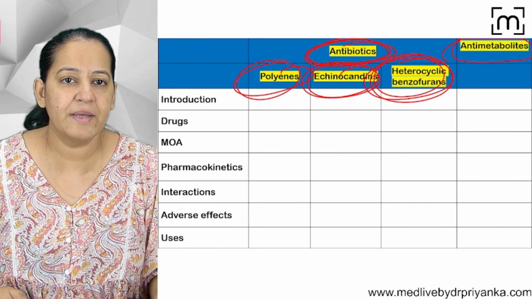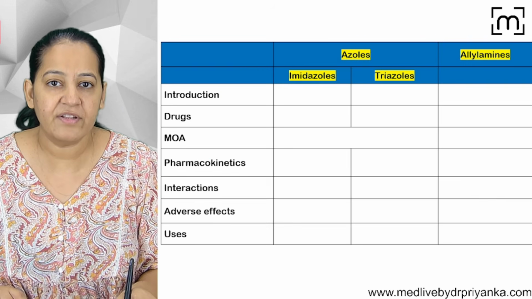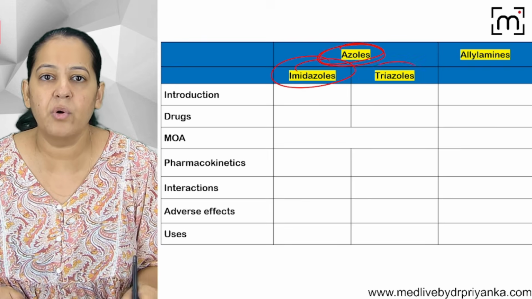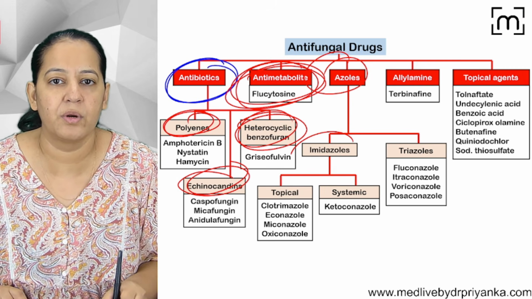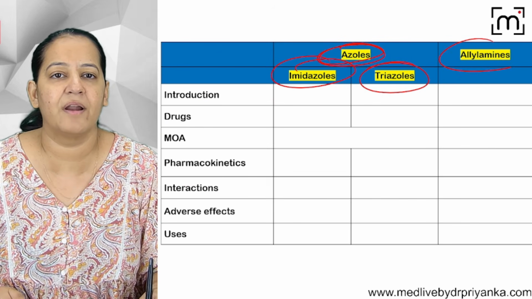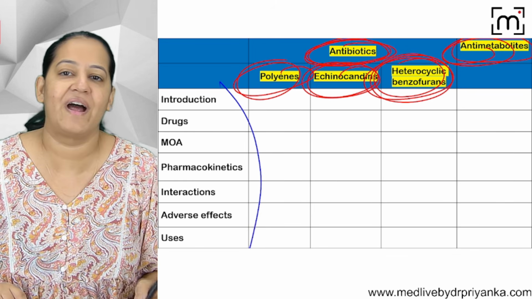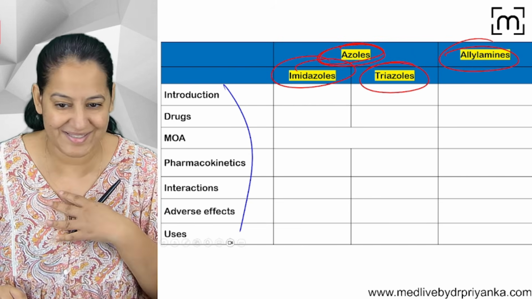After that, I will come to antimetabolite. After that, azoles, imidazole and triazole, and finally allylamine. I will teach you all these drugs under a fixed set of headings. You know my standard headings.